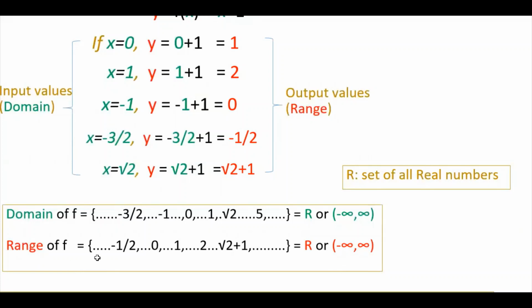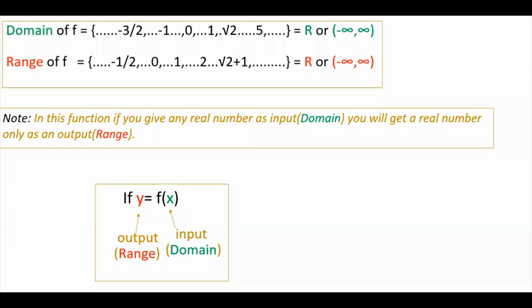So you can write the domain of this function is R, the range of this function is also R. Because the input values are real numbers as well as the output values. If you give any real number as input, that is the domain, you will get a real number only as output, that is the range.